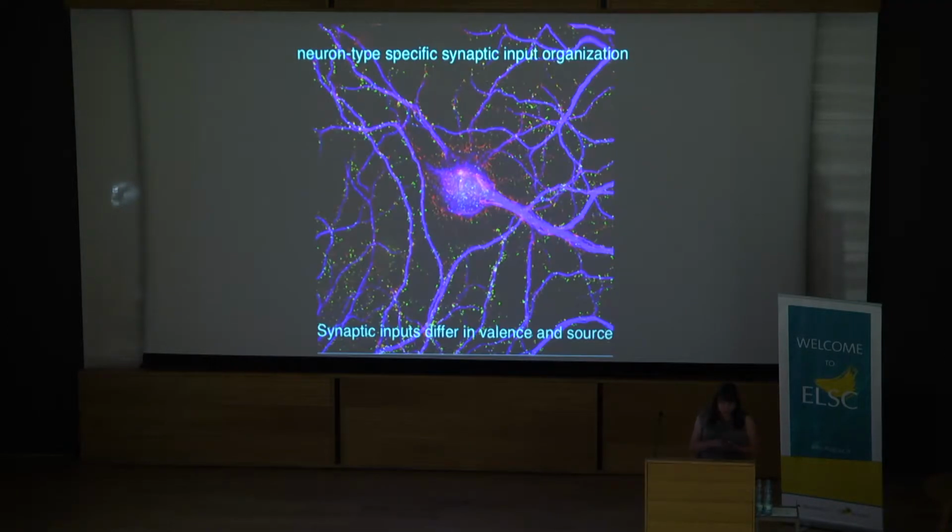In addition to that, every neuron has a different organization of inputs onto it. And in that sense, I mean not just valence, excitatory and inhibitory, but inputs from different sources that convey different types of functional information. And these, of course, are distributed differently and allocated differently onto different cells.